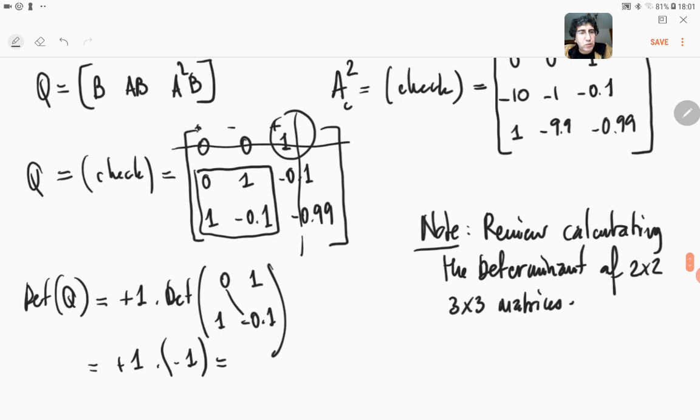So that's going to be equal to minus 1, and that will be different from 0.